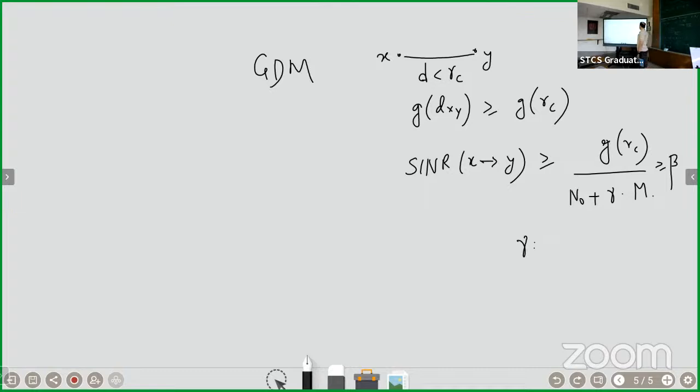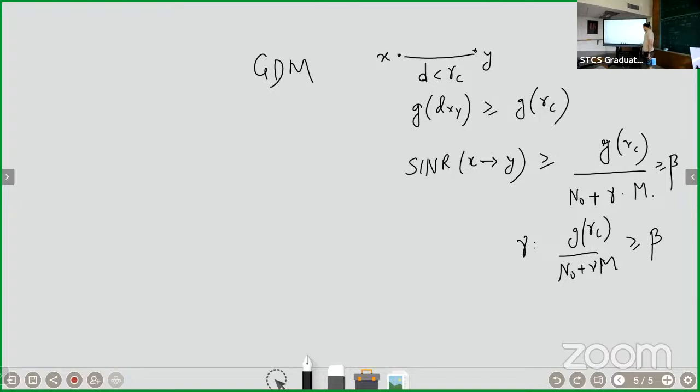Pick gamma such that G of RC over N naught is greater than beta. For any fixed M, however large M can be, I can still pick a gamma such that this is true. That is given to you. So this is going to be my choice of gamma.